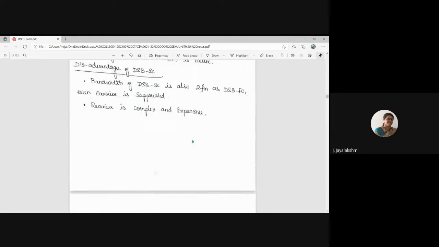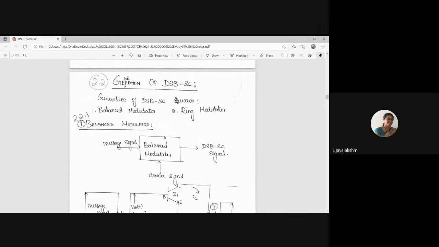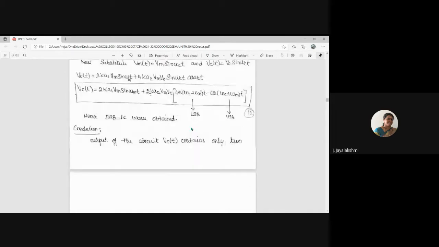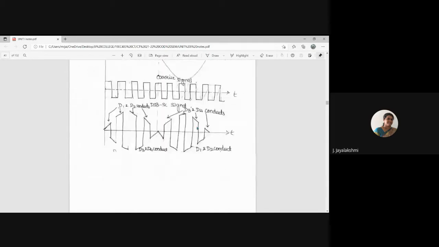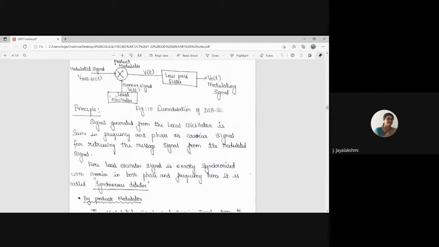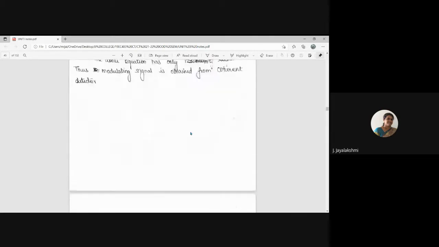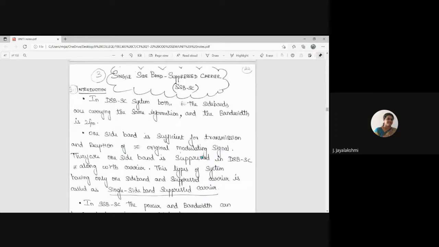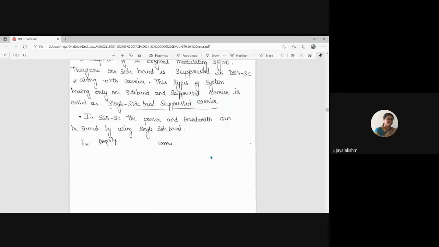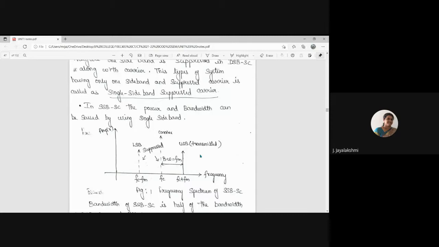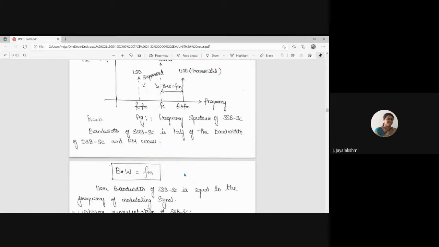Suppose you go for the single sideband suppressed carrier, what is going to be the scenario? In a single sideband suppressed carrier, you are going to transmit only one of the sidebands. You suppress the carrier, and the other sideband is also removed, and only one sideband which has the information is taken.